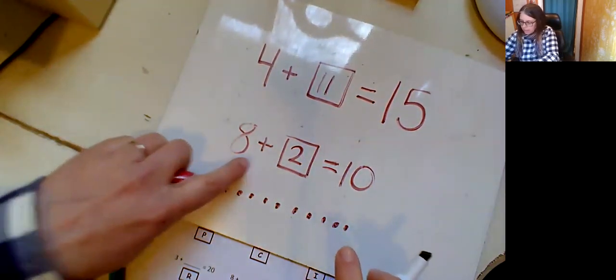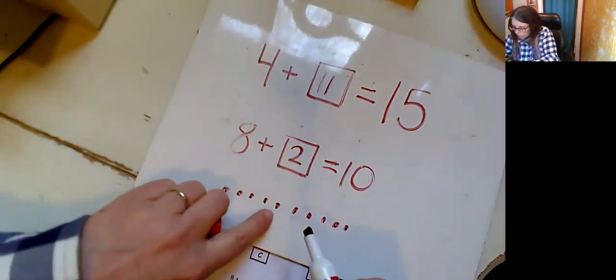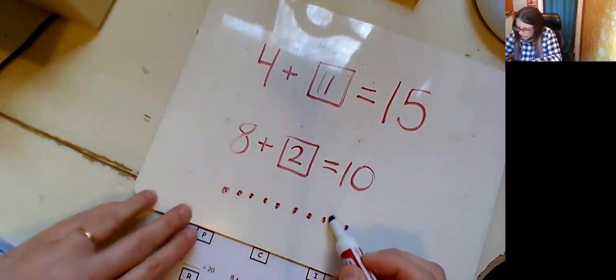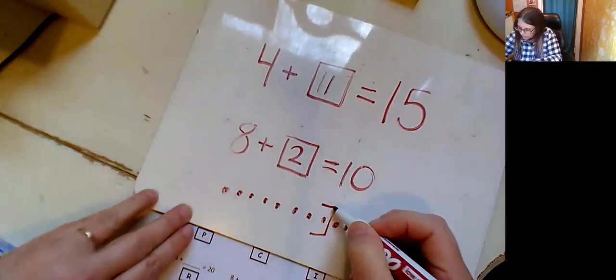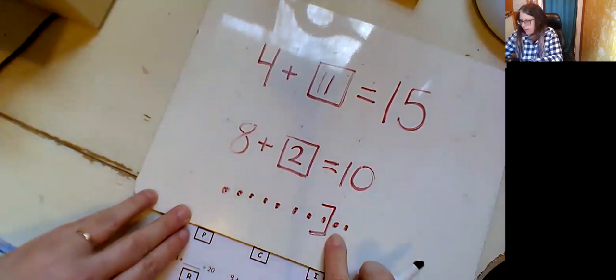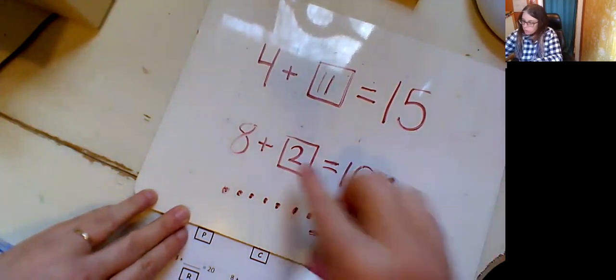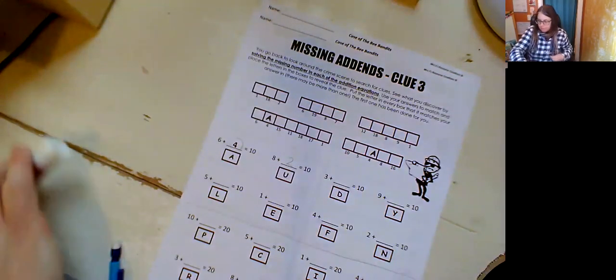And then it's 8. 1, 2, 3, 4, 5, 6, 7, 8. 8 plus how many? 8 plus 2. So you can always do a picture. A picture's a great way to solve this one. So 8 plus 2 equals 10. So anywhere we see a 2, we need to put what letter? U.